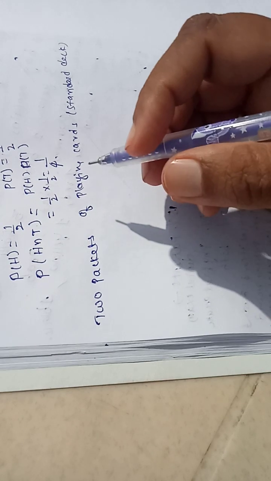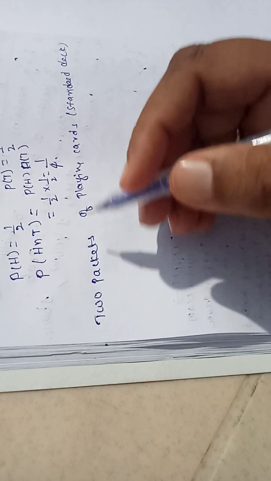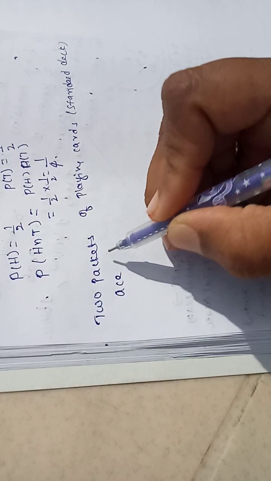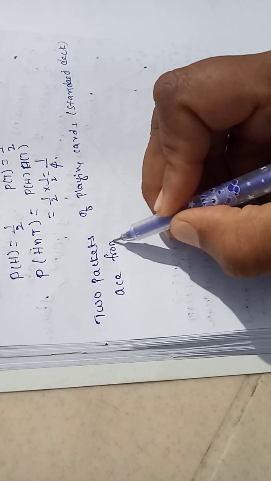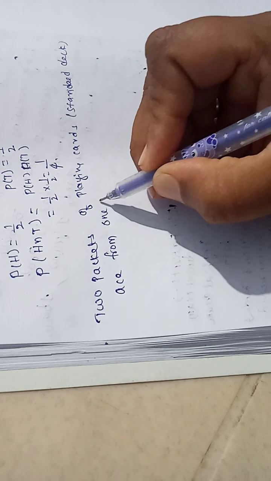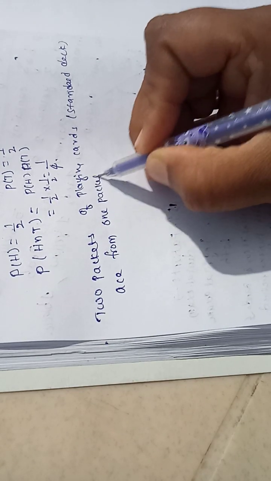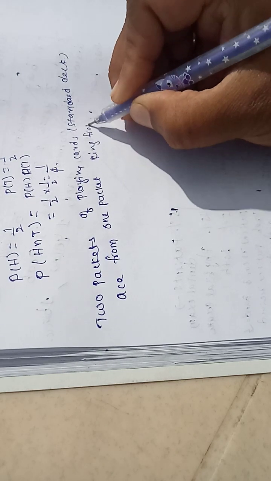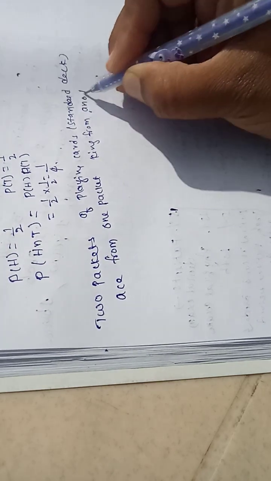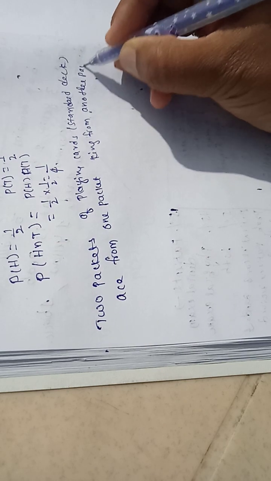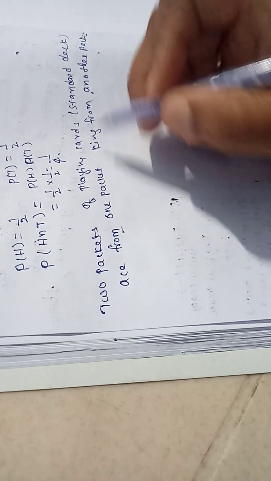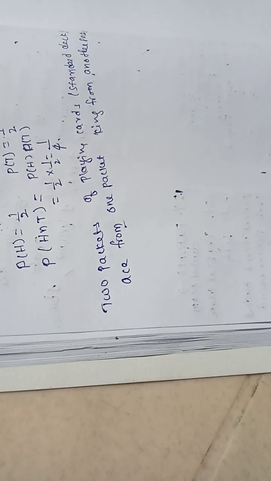Now he is asking to take an ace from one packet and a king from another packet. He is asking the probability of taking an ace from one packet and a king from another packet.